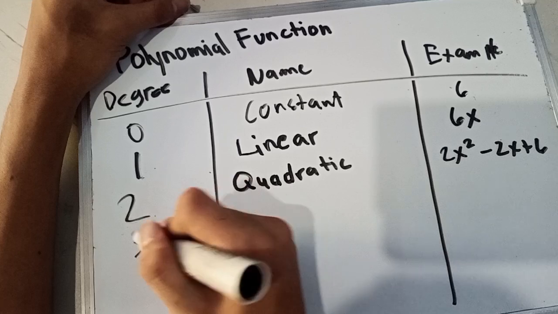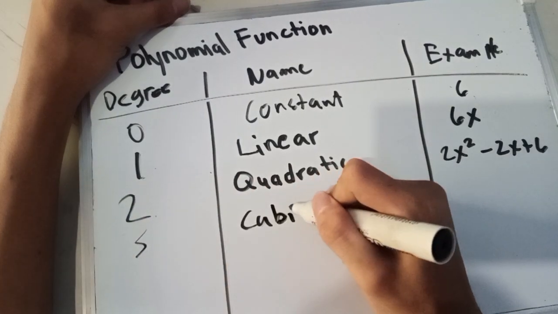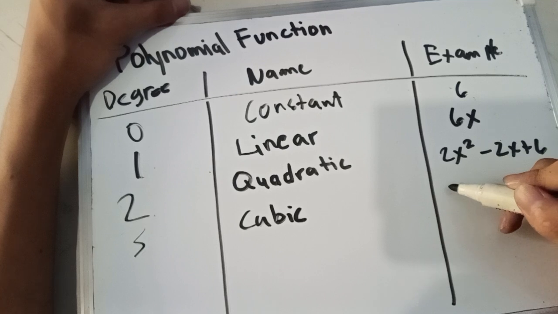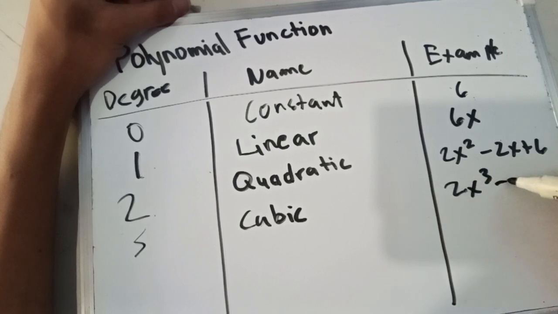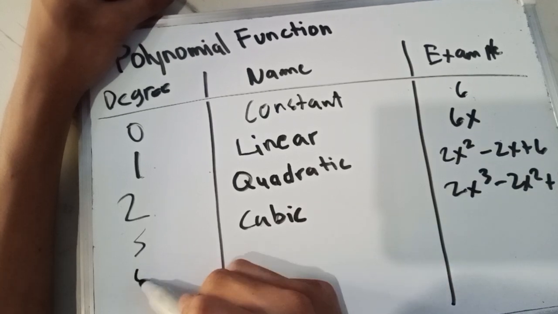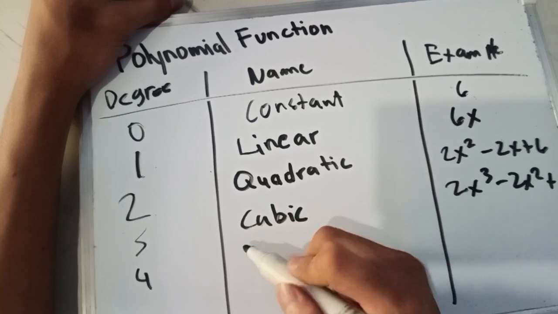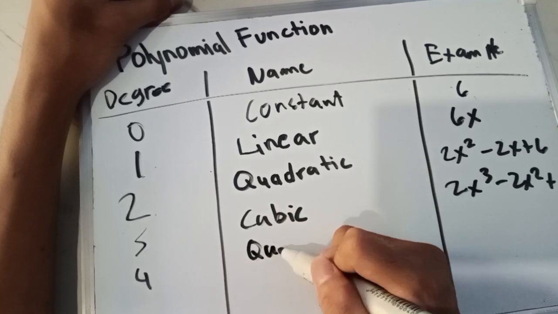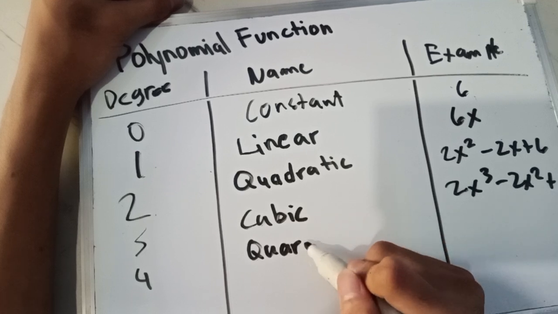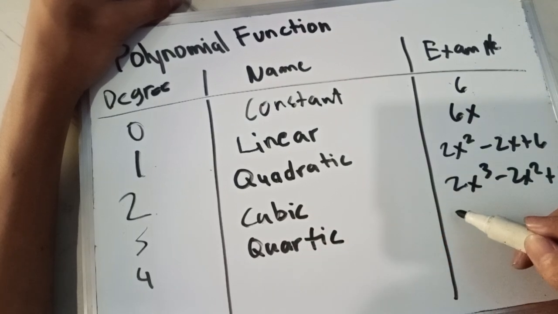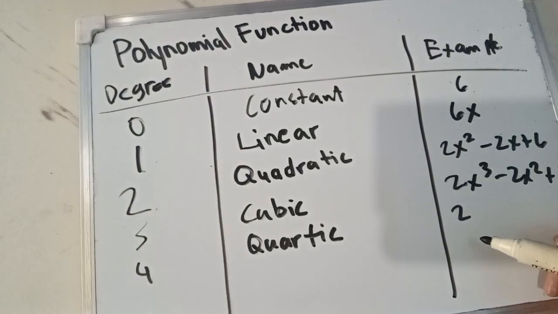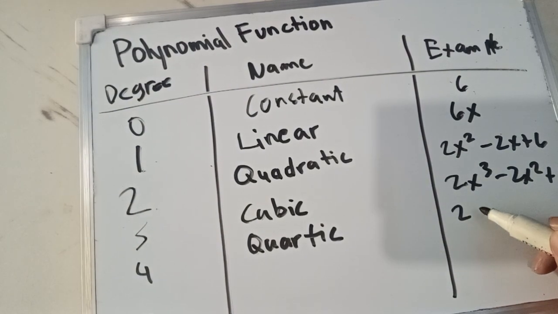Now for 3, this is cubic, and it looks like this. For 4, it is quartic, a polynomial with the highest exponent of 4.